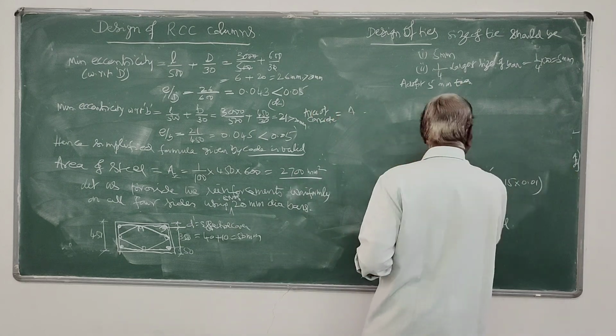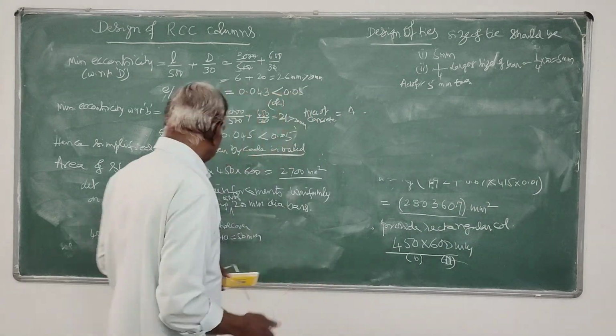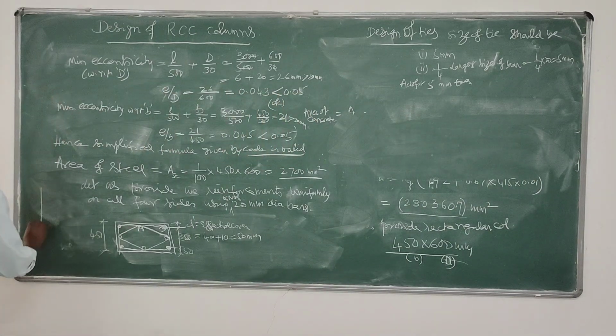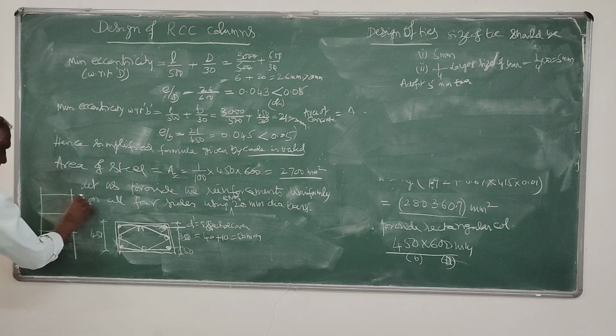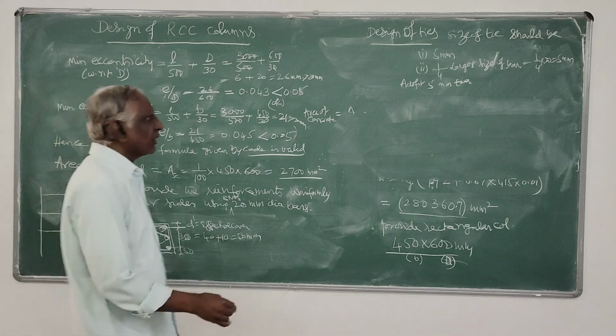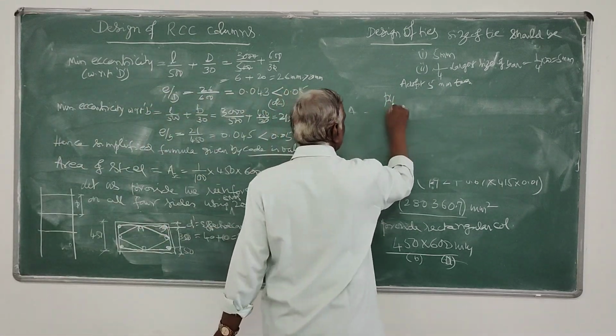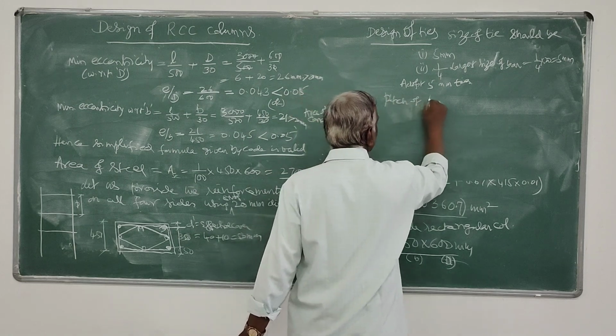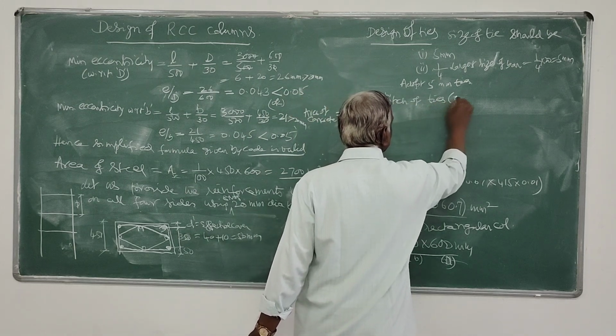That I have to just decide. Because in elevation, you will see these bars and these are the ties. What spacing these ties should be, that is pitch of ties. It's called pitch of ties.